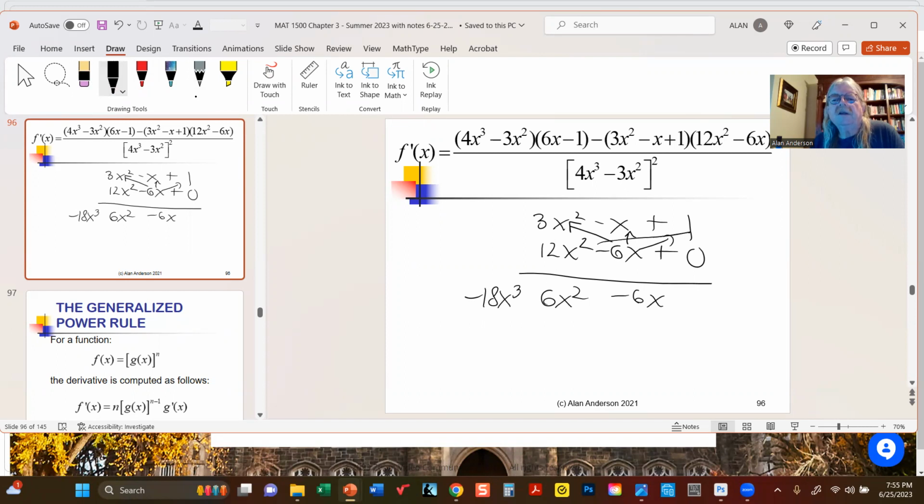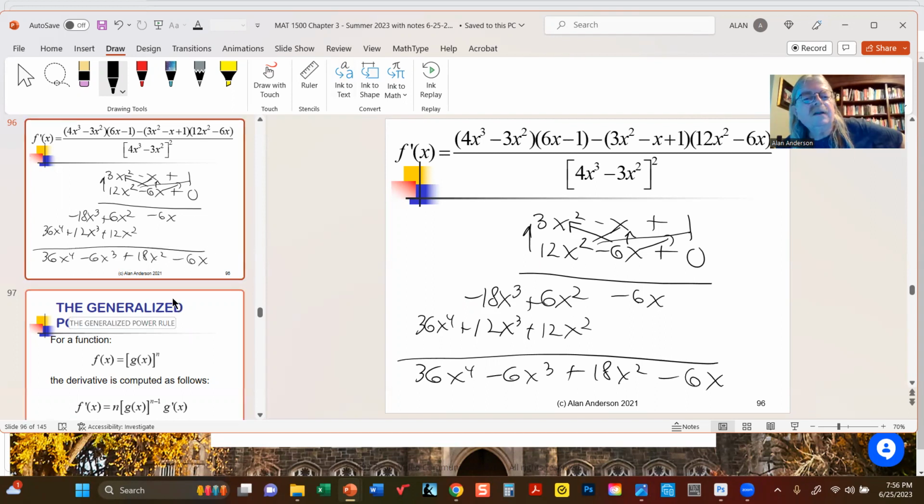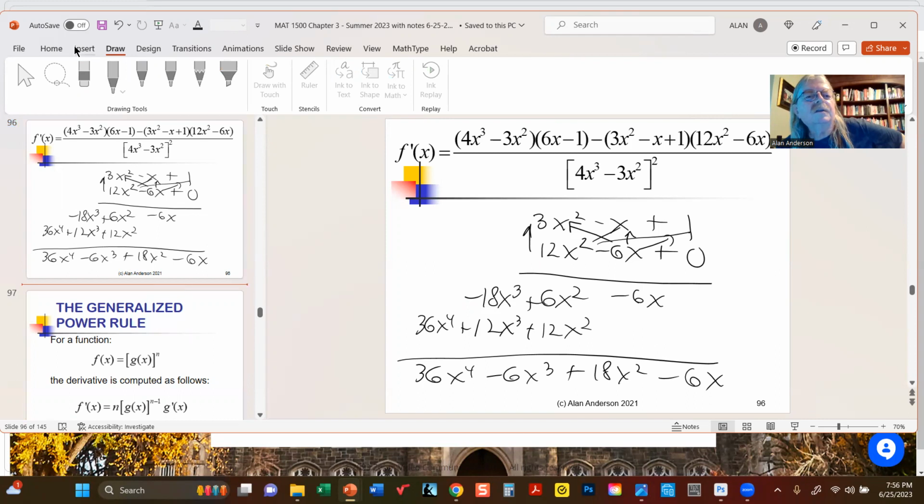And then we multiply this one, 12x squared minus 12x cubed, and then finally 36x to the fourth. That's the second term. I'm not sure if this was worth our while, by the way, but it's good practice, I suppose.